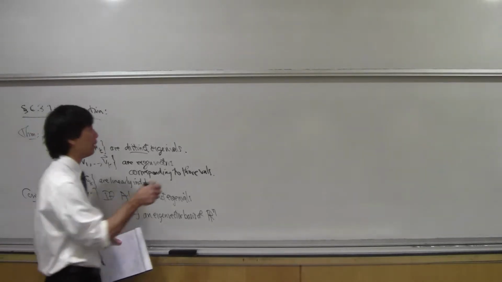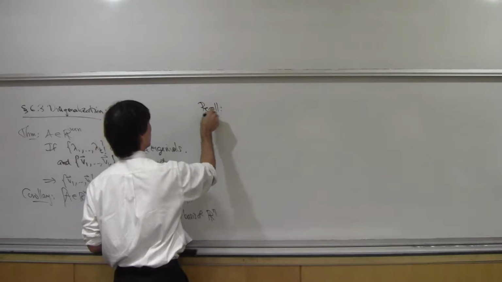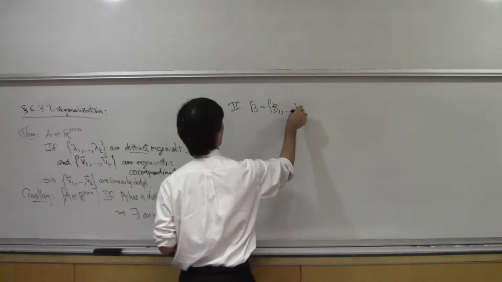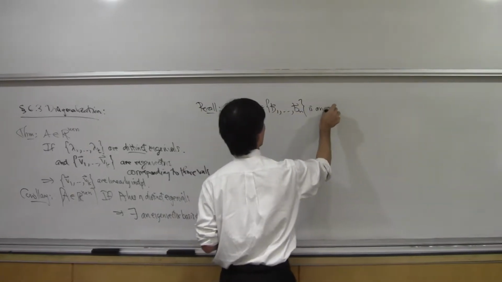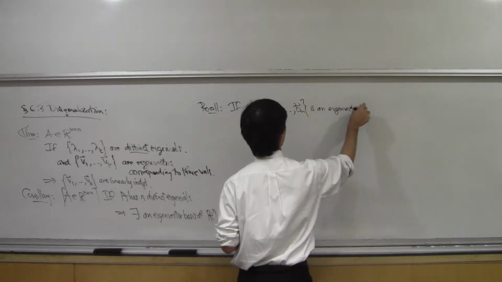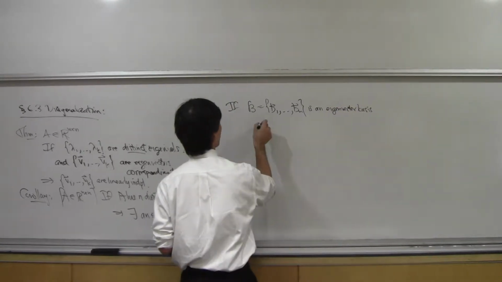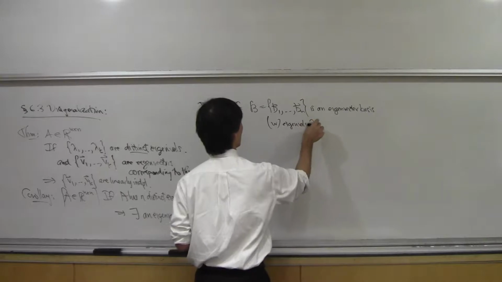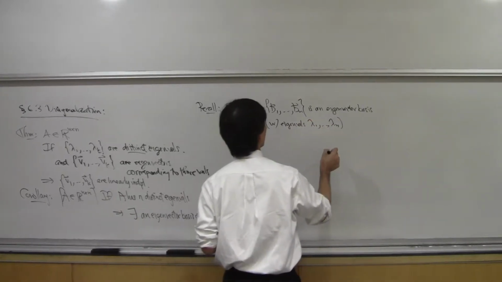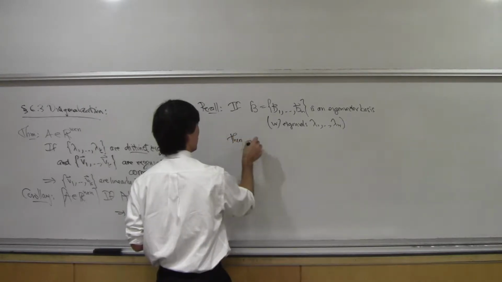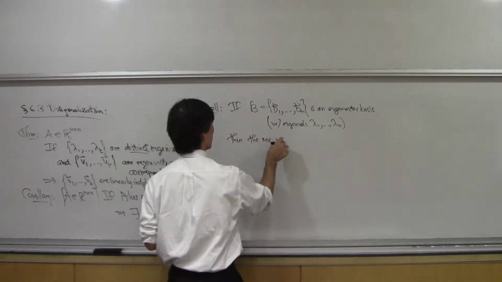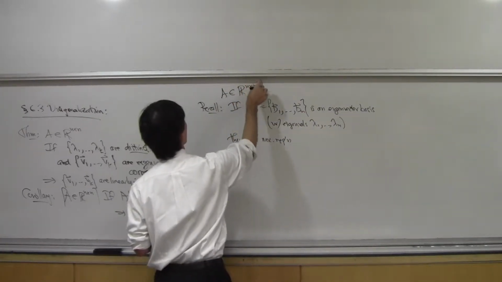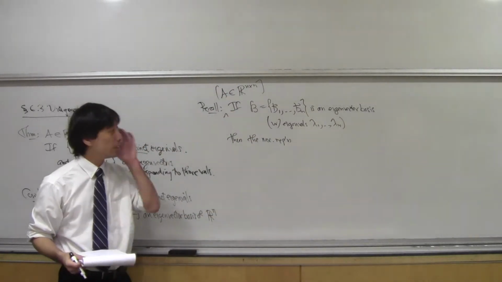And last time, you recall that we said that if B is an eigenvector basis with eigenvalues lambda 1 to lambda n, say, then the matrix representation turns out to be diagonal, right?